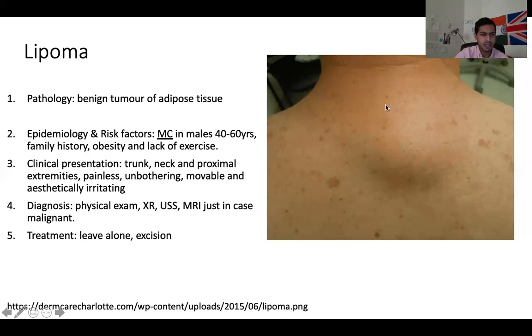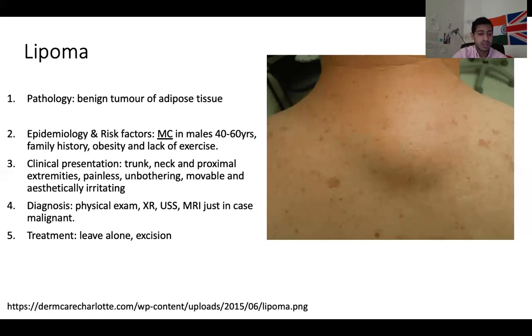Diagnosis, it's usually a physical exam and an X-ray as well, just to make sure it's not a bone mass. An ultrasound to see if it's not a cystic lesion and full of fluid, and an MRI just in case it's malignant. So this is a lipoma, so this is obviously a benign tumor, but liposarcomas can obviously be very malignant, and they're usually found in the thigh and the retroperitoneum.